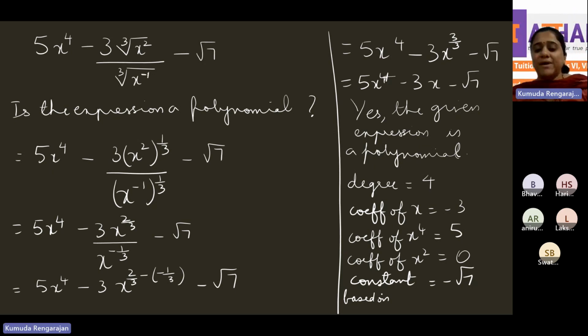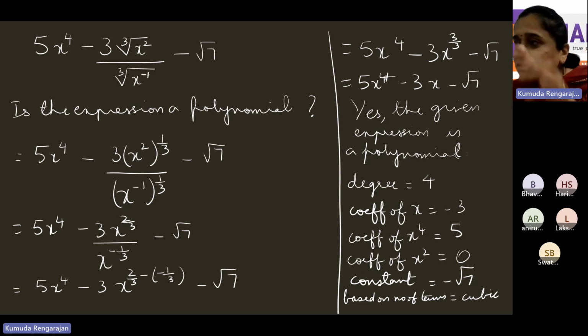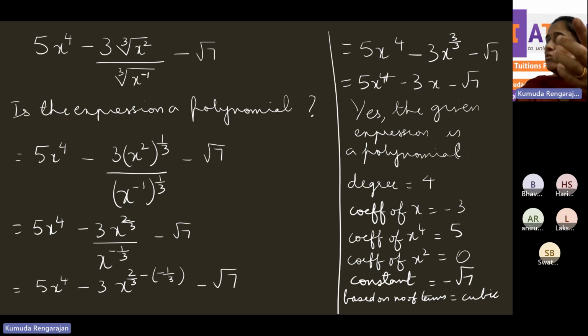Degree is biquadratic, but based on the number of terms, it is a cubic polynomial. 1, 2, 3 terms, so it's a cubic polynomial. Highest power of x is 4, so it's a biquadratic polynomial. A polynomial of degree 4.